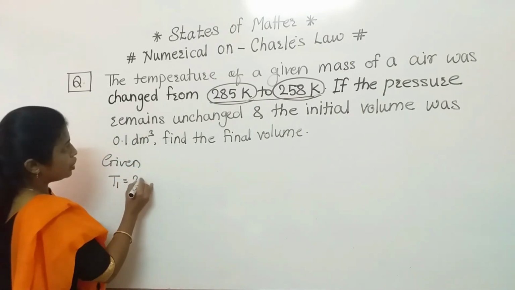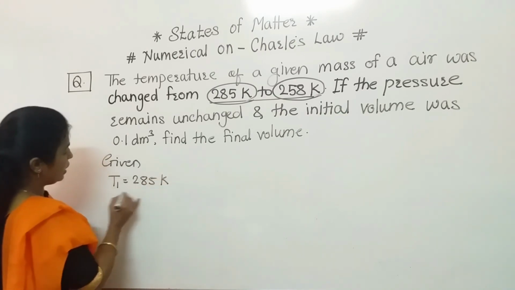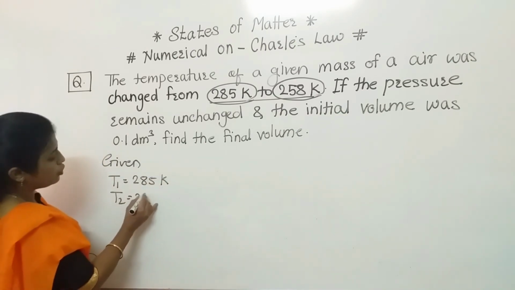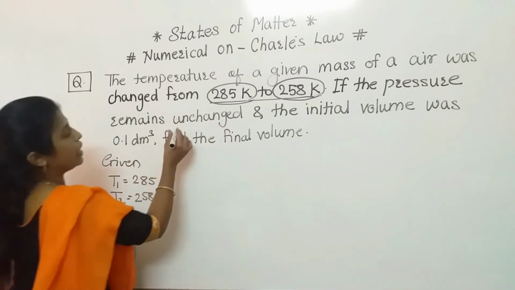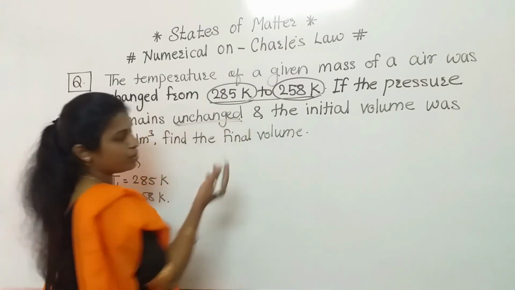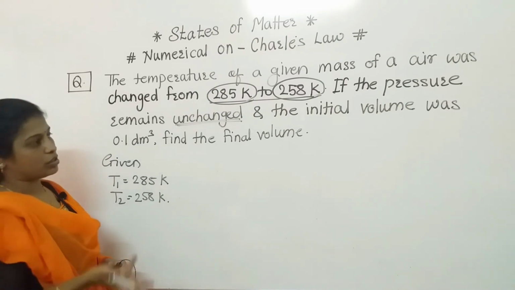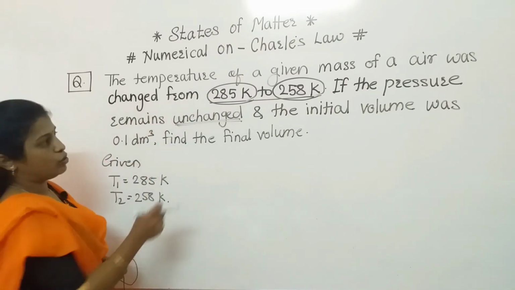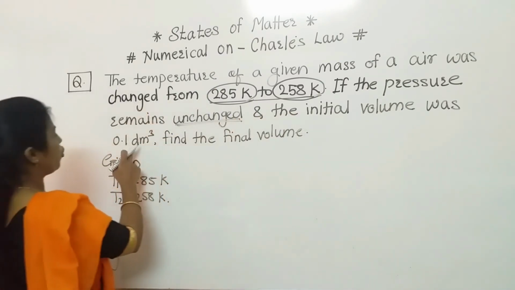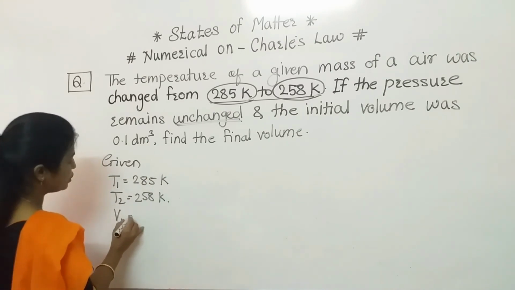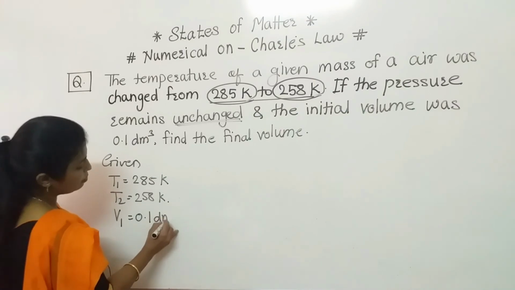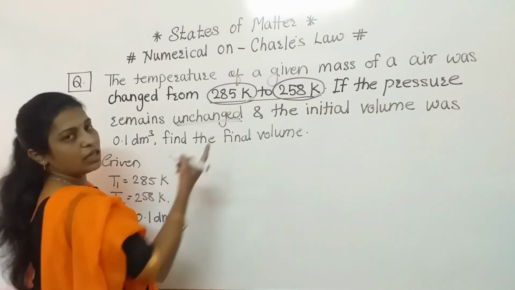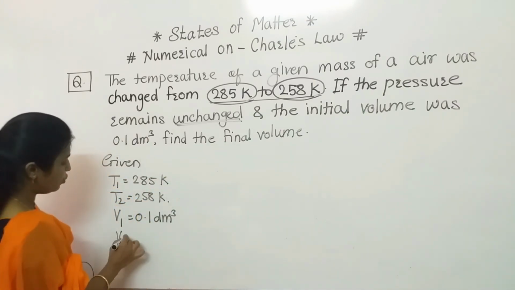So T1 is 285 Kelvin and T2 is 258 Kelvin. If the pressure remains unchanged, meaning constant, then it is Charles law. The initial volume V1 is given as 0.1 decimeter cube. Find the final volume, V2.